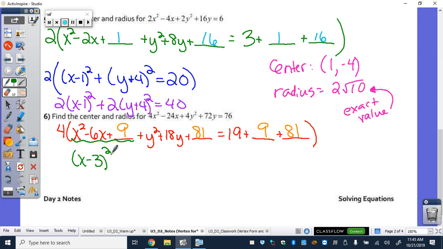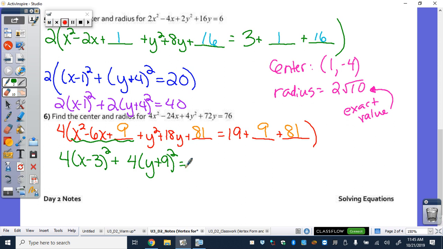Minus 3 squared. And I'm going to put my GCF of 4 back in front of it. And then the y's, yes, would be y plus 9 squared. But again, I'm going to put that 4 back in front of that one also. I'm just kind of redistributing it as I factor.